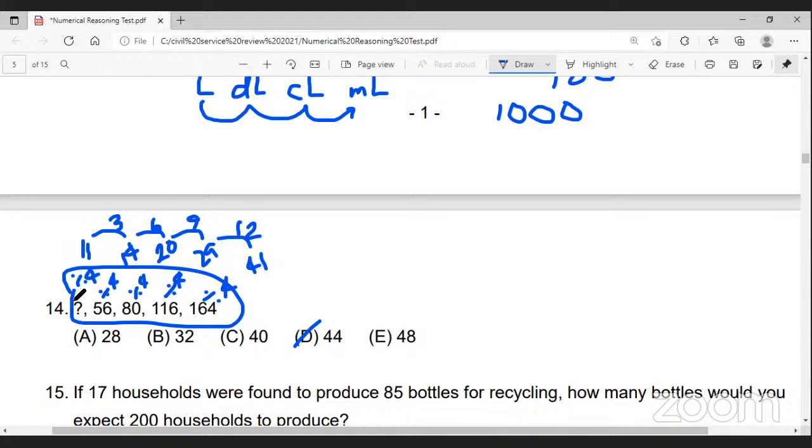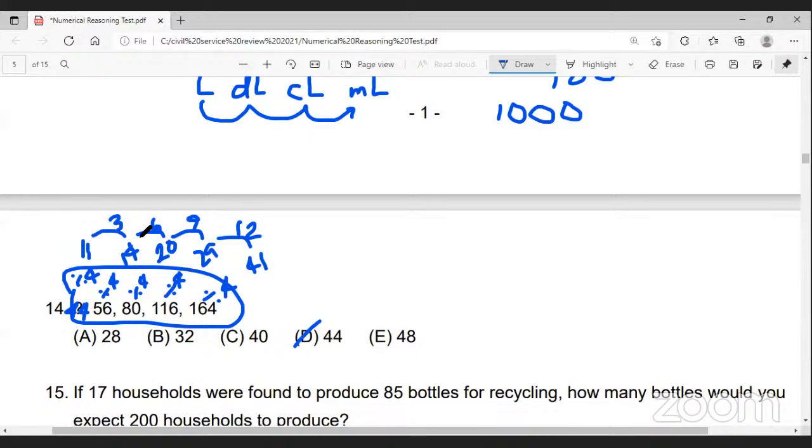If this is 44, try to check again the relationship among the terms. Divide by 4. They can all be divided by 4, and the results are 11, 14, 20, 29, 41, with the differences increasing by 3.